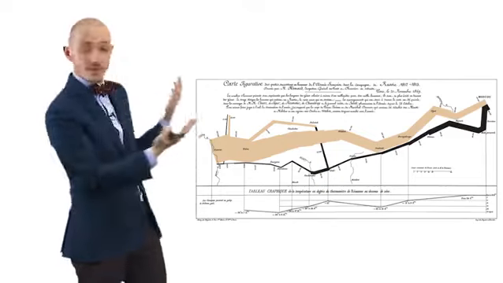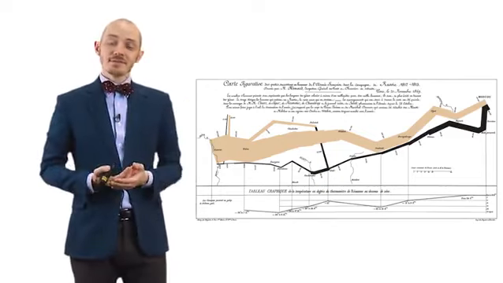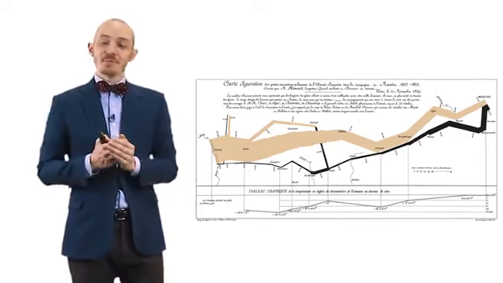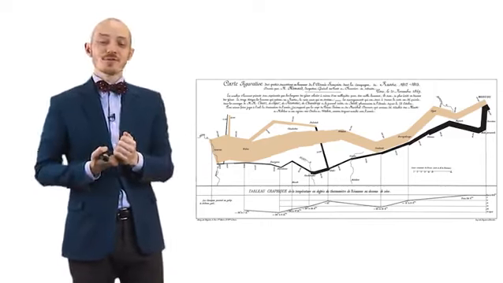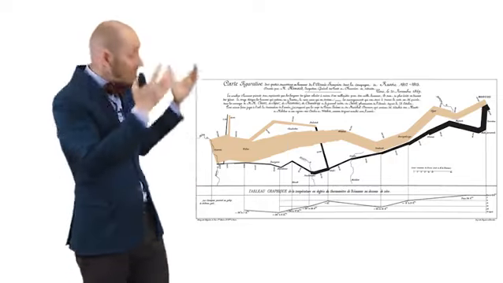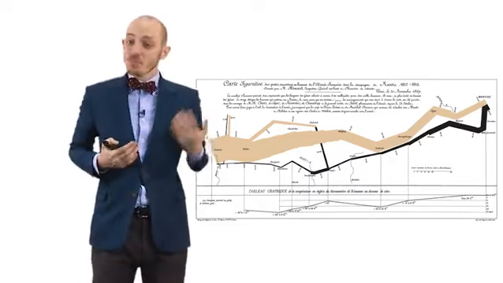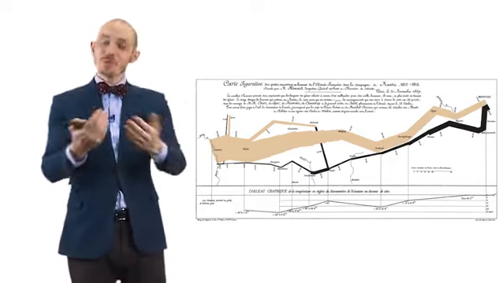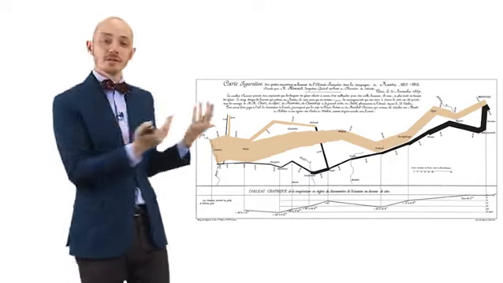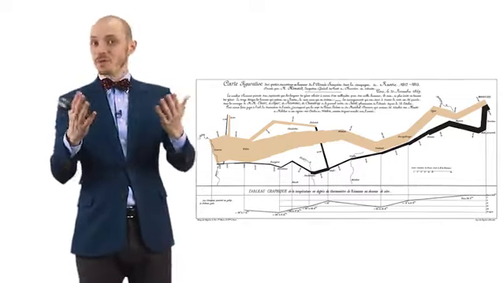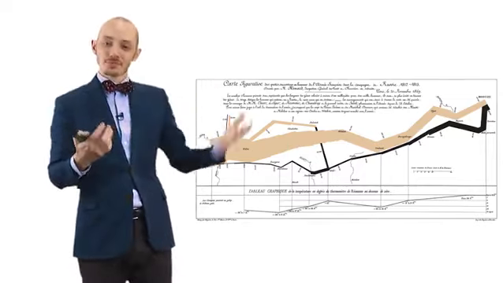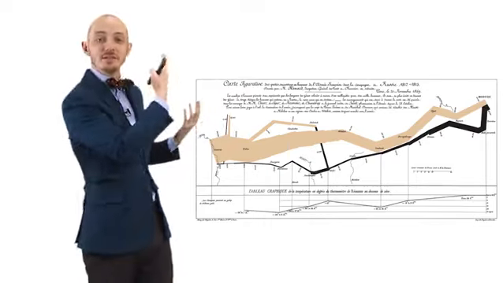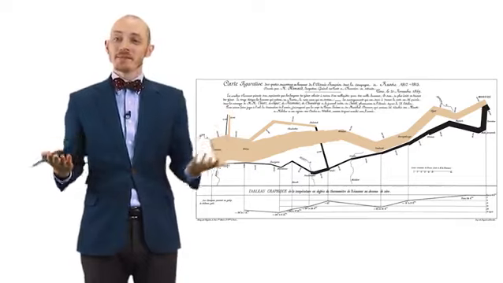For example, this is a very famous chart, 19th century infographics by a French cartographer. His name was Charles Minard. Lots and lots of information, but what are we really trying to tell the audience here? It's about Napoleon's conquest of Russia, and you can probably see that he didn't lose any battle, right?